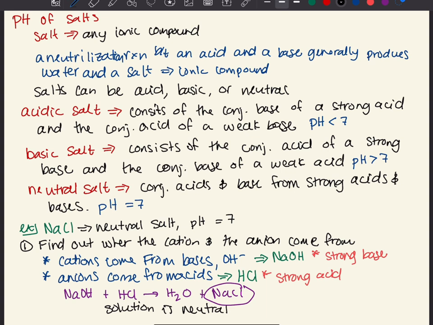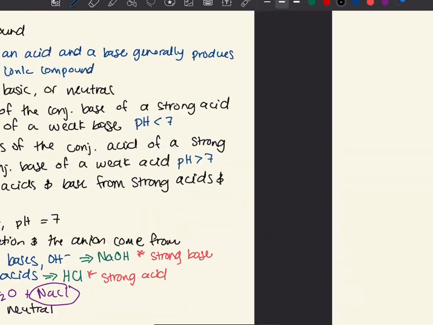Now, let's look at another example. We can look at something like sodium cyanide. Now, sodium ion is going to come from a strong base, sodium hydroxide, and cyanide, if I add that proton, becomes hydrocyanic acid, which is a weak acid.